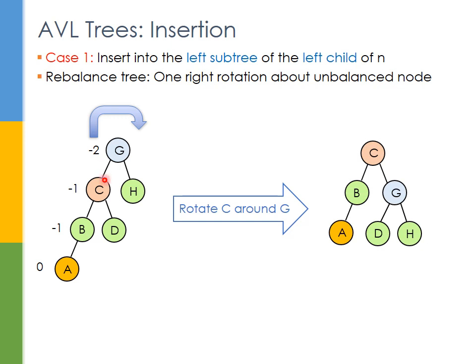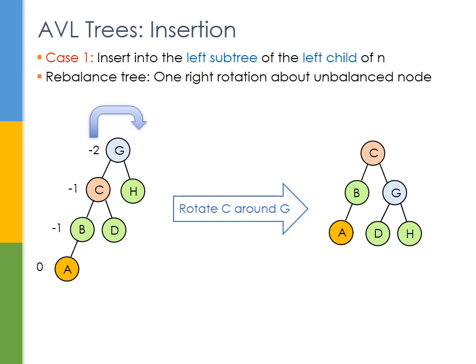Node C has now moved into the root position. G has become C's right child, and the right child of C, which was node D, becomes the left child of node G, which has been rotated down. So now we can see we have a balanced tree again.